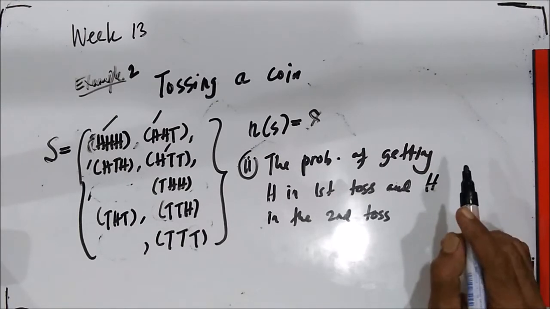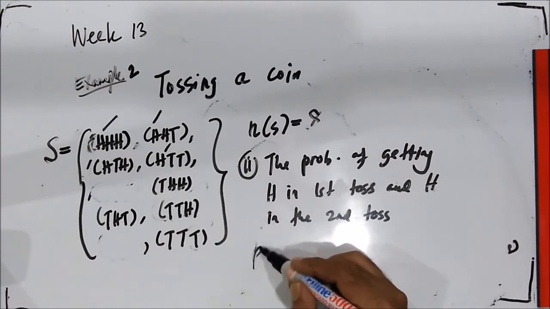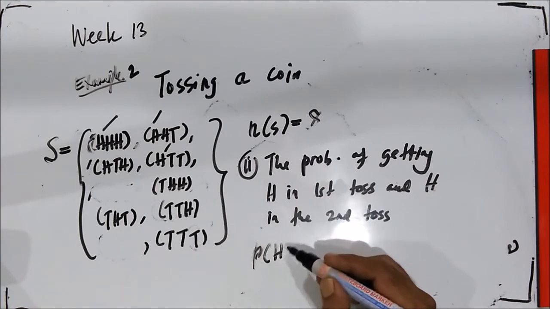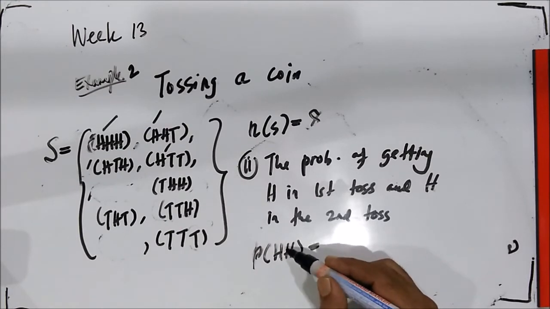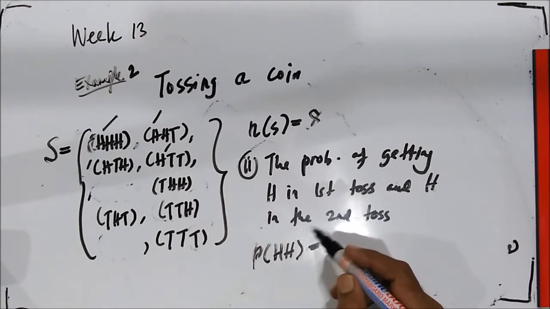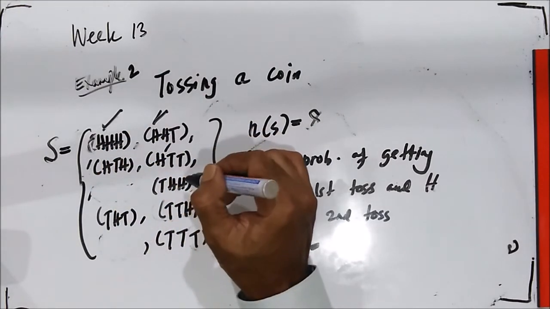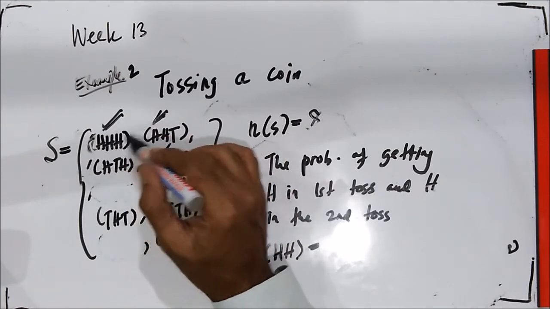So the probability of getting a hit in the first toss and a hit in the second toss is this one and this one.